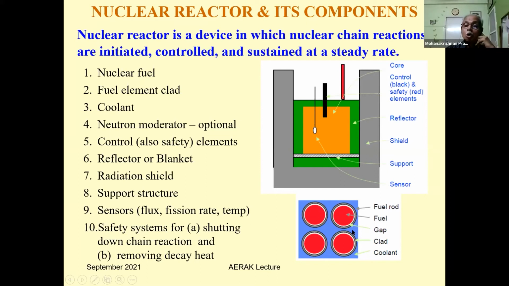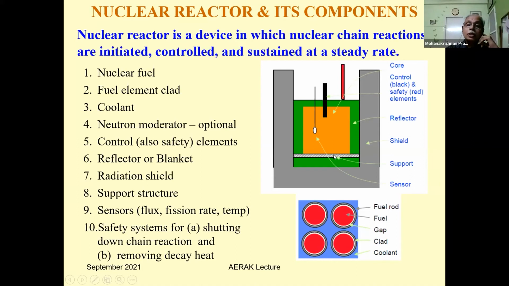This coolant itself can act as moderator, or there may be an external moderator. That is, sometimes water coolant is there around the rod, and then graphite can be the moderator. Then a reflector and blanket. Reflector for reflecting the neutrons, and blanket, found in fast reactors, for breeding new fissile material.